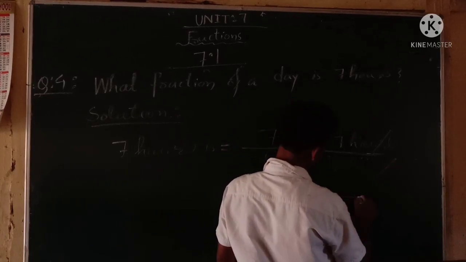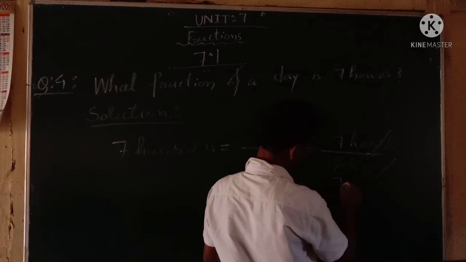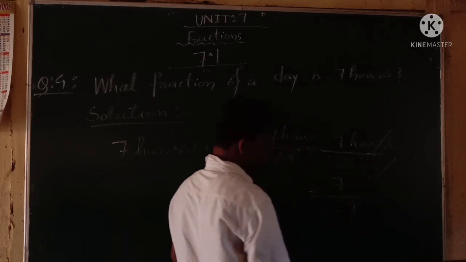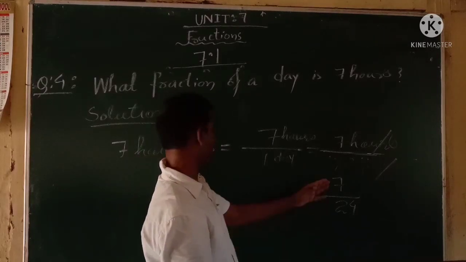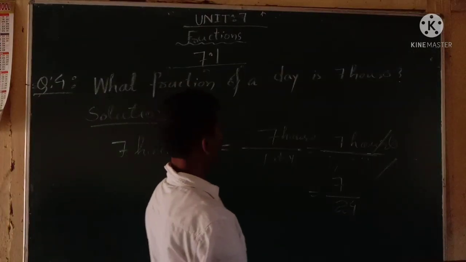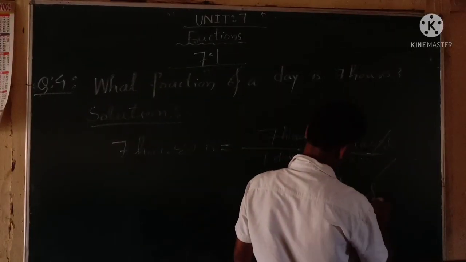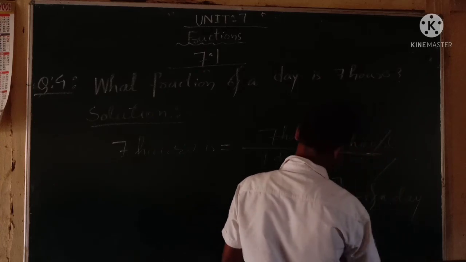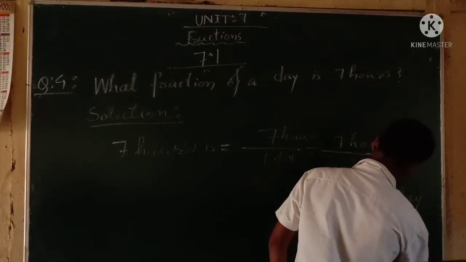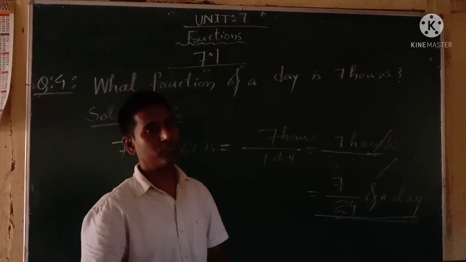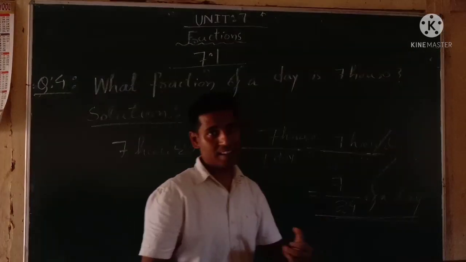In the numerator the remaining is 7, and in the denominator the remaining is 1 into 24, that means 24. Now we got 7 hours is 7 by 24 of a day. 7 hours is 7 by 24 part of a day.